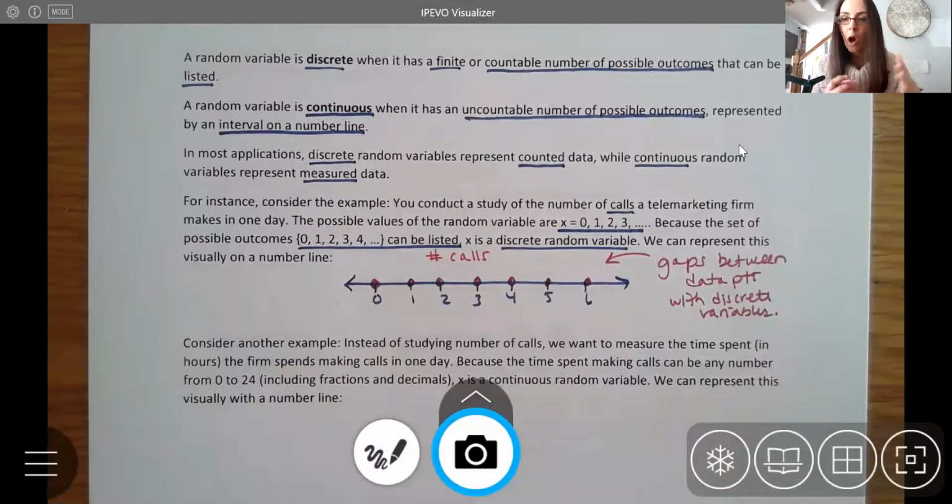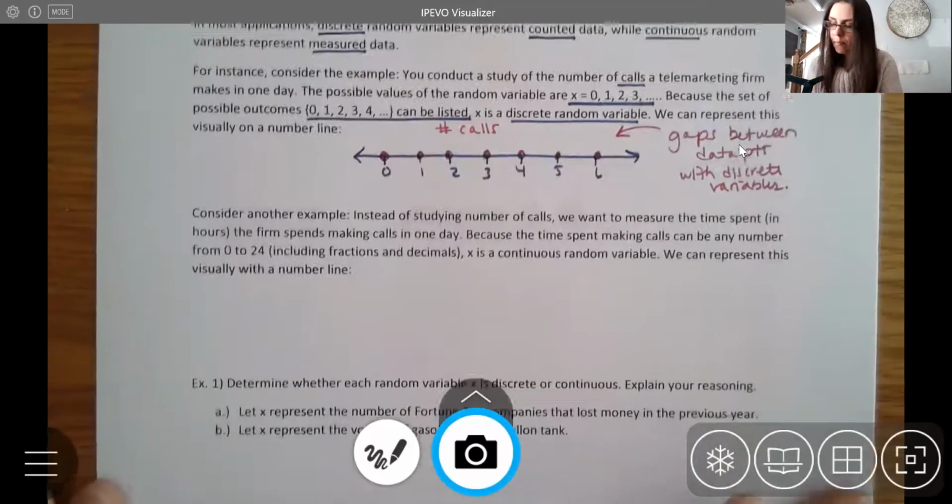So you could have all these different data points that do include some fractions. But the key is that we're not including all possible fractions. We're still limiting which fractions we use, and we're still causing gaps between the data, right? So if we're counting chocolate chips in our cookies, maybe I allow 20 chips, 20 and a half chips, and then 21 chips, but I'm not allowing in between, right? I'm not going to allow 20.12 chips or something like that. So we still have discrete data there, even though we're allowing for fractions, because we have gaps between the data points.